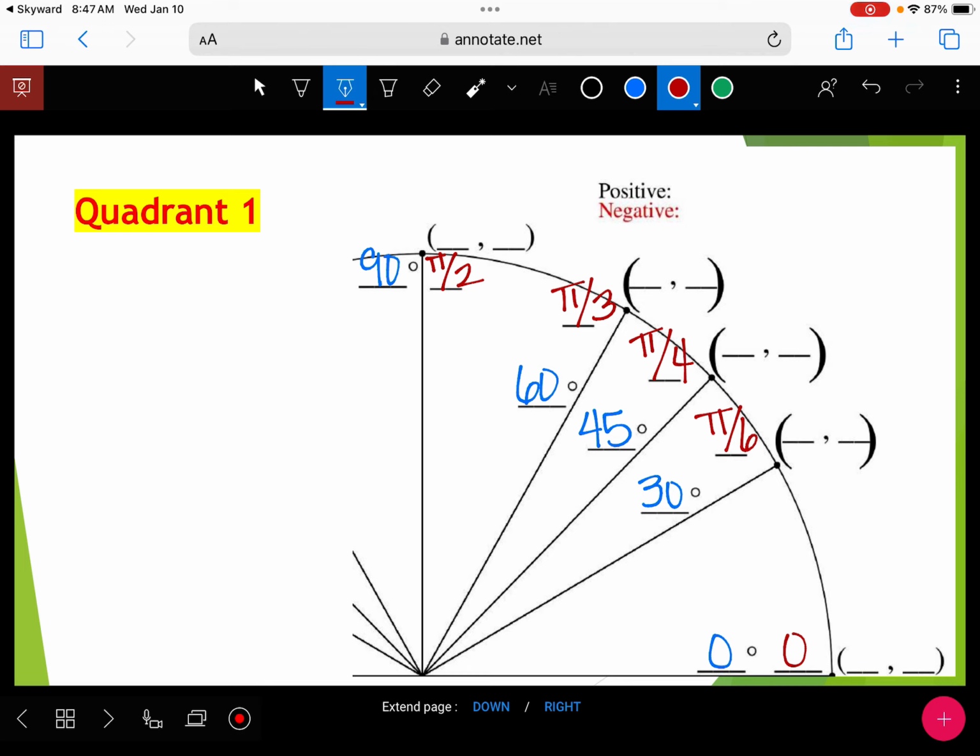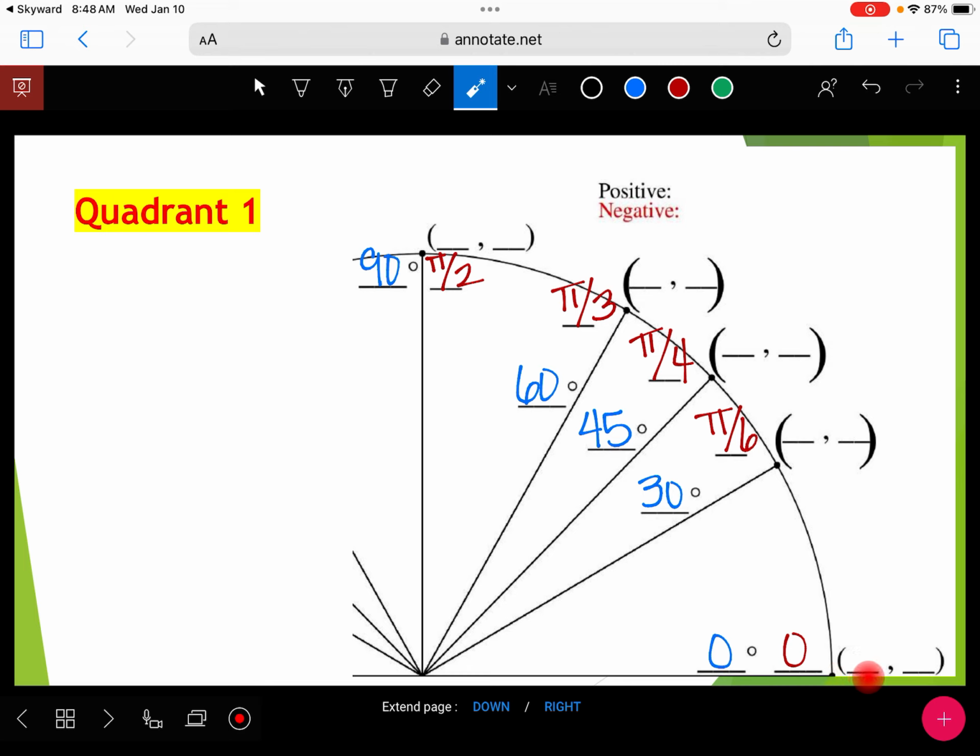So keeping in mind that the radius is 1, the easiest to fill out are the ordered pairs here and here. What do you think my ordered pair is going to be here? Not 0, 0.